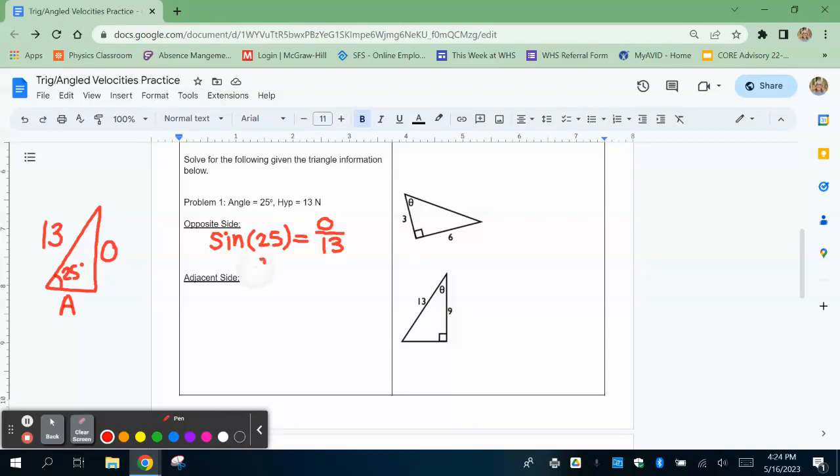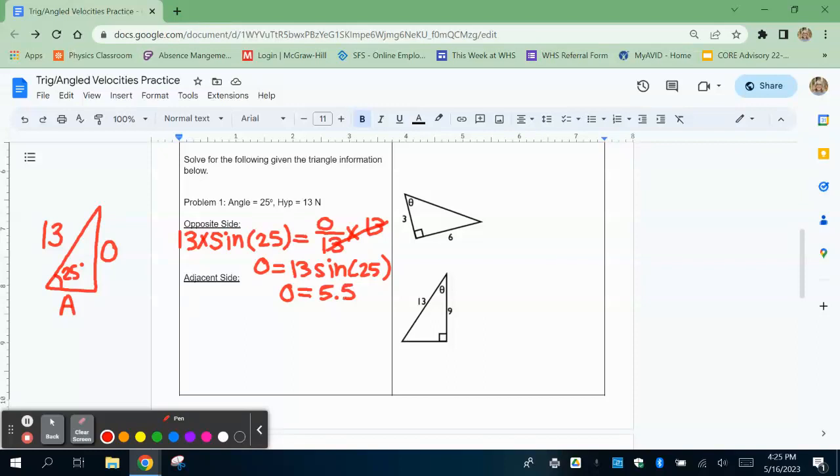Multiply 13 on both sides and you get opposite equals 13 times the sine of 25. You're just multiplying 13 on both sides there. And you get 5.5 basically.